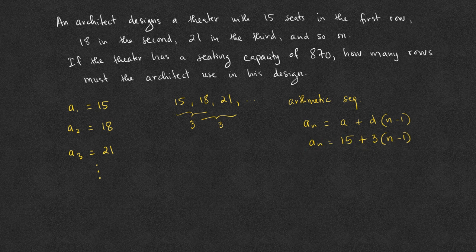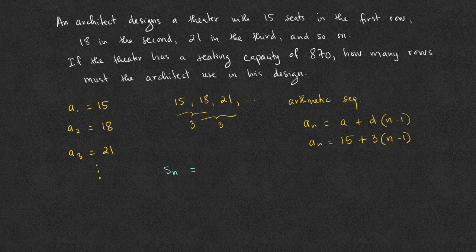We were told that the theater has a seating capacity of 870, meaning that we do not know how many rows there are, but if we add the number of seats in all of the rows, the total should be 870. Using what we learned from the sum of an arithmetic sequence, S sub n is the sum of the first n rows.